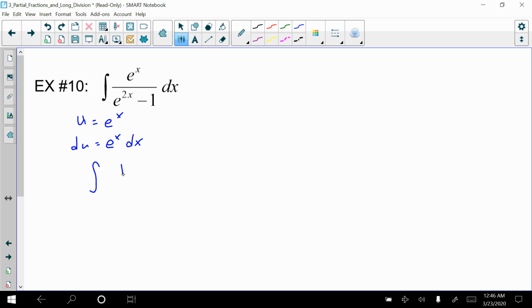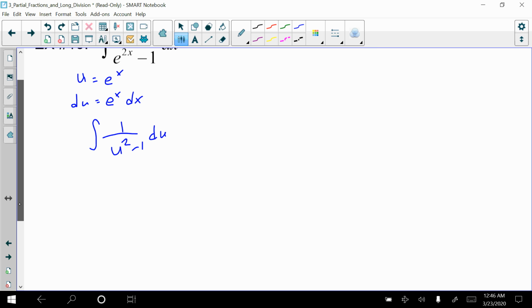So I have 1 over, in the denominator, e to the 2x power. We're going to change it from e to the 2x power to u squared minus 1, and we have to multiply it by du. Now this is where we are going to do our partial fractions.